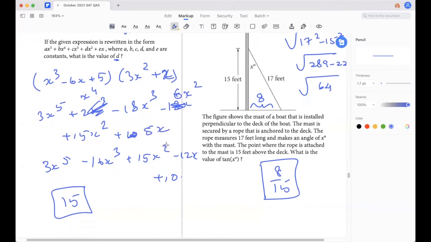So then your final value becomes 3x to the power 5 plus x to the power 4 minus 18x cube minus 6 plus 15, which is 9x squared, plus 5x, right? And since we have to find the coefficient of x squared, it would be 9.